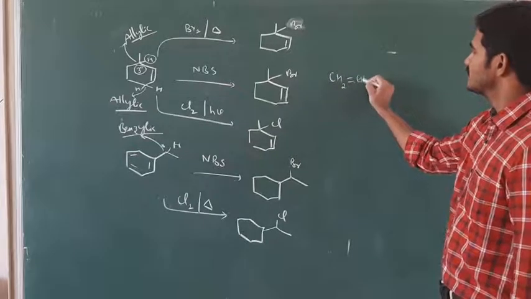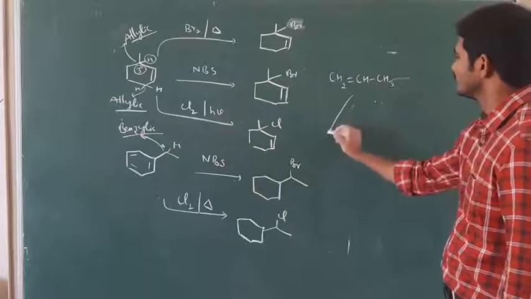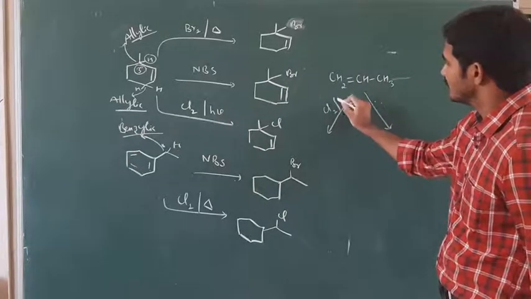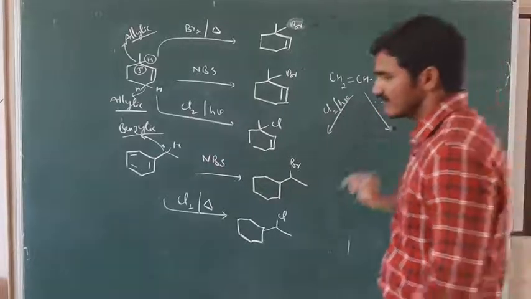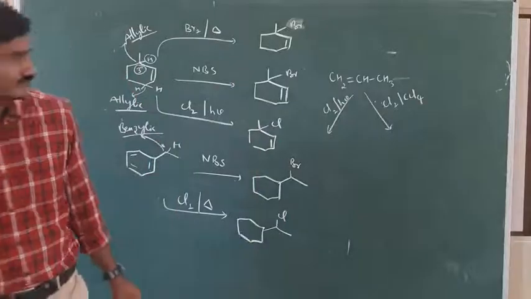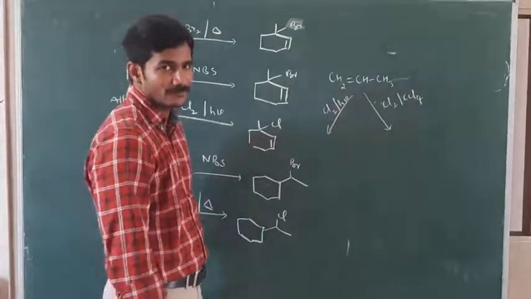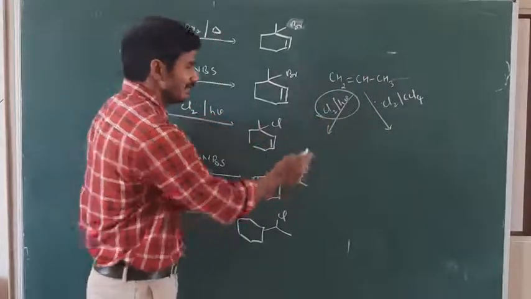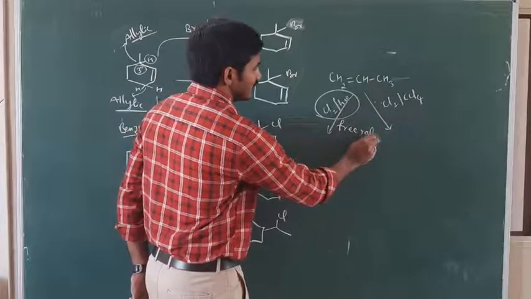CH2 double bond CH3. I write here 2 reagents. One is Cl2 in light, another one is Cl2 in CCl4. Can I write the products here? What is the product formed? Cl2 in light favors free radical substitution, right?